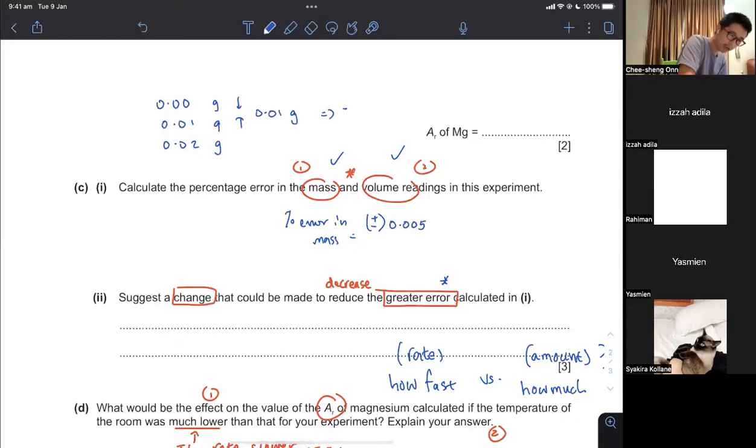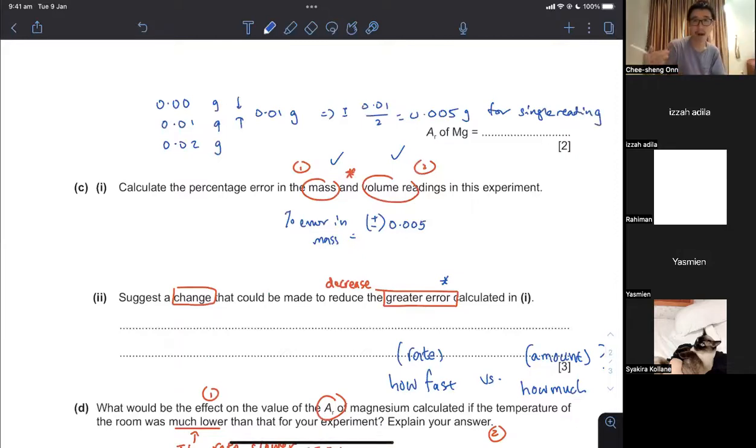So therefore the error is the smallest division divided by 2. So that's 0.005 gram. This is for a single reading. That is what you would have done as upper bound and lower bound in lower secondary mathematics. I think from 1 math or from 2 math, you will have learned about upper bound and lower bound. So this is multiplied by 2 divided by the mass recorded times 100%.